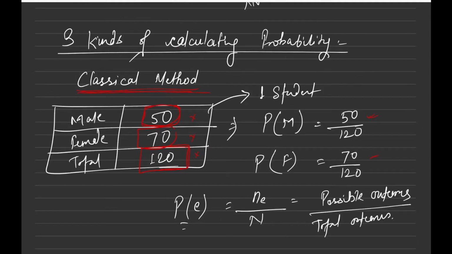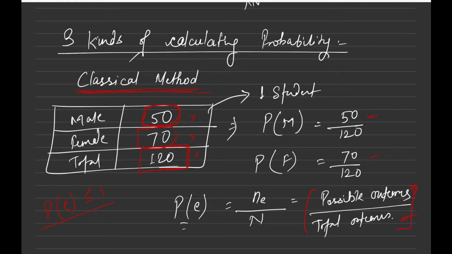So if you have noticed here, the probability of getting any event is equal to possible outcomes divided by total outcomes. Here the total outcome was 120. So probability will always be less than or equal to 1, because the numerator will always be less than or equal to the denominator, right?